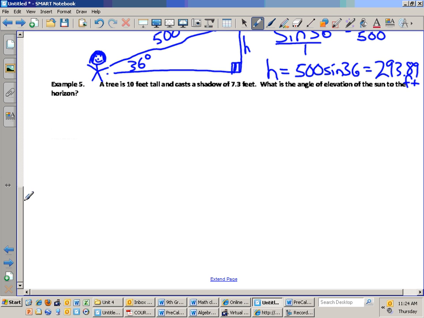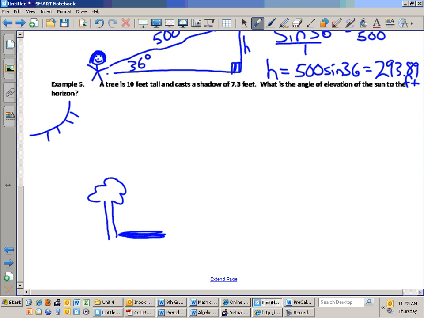A tree is 10 feet tall and casts a shadow of 7.3 feet. What is the angle of elevation of the sun to the horizon? So if I can, kind of give you just a little descriptor here. We have this sun, and we have a tree. And then we have a shadow.